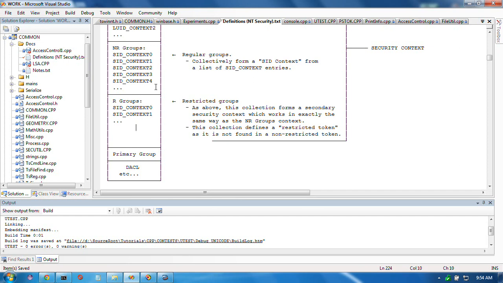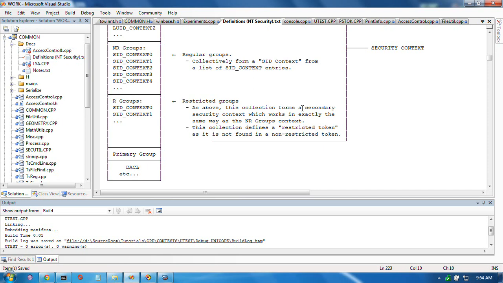Similarly, in this one, what the system does is it treats these two separately and does exactly the same computation that it would normally do for either one of these things.